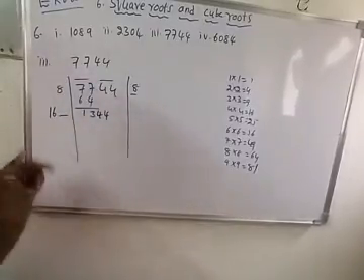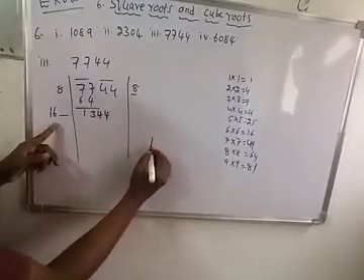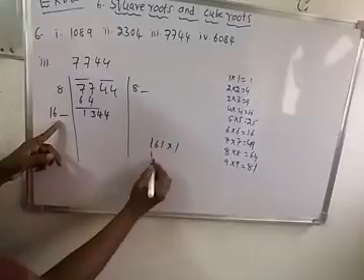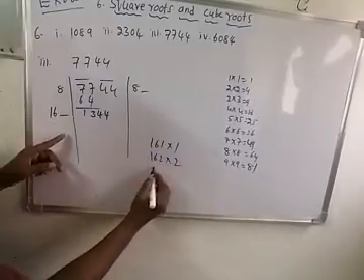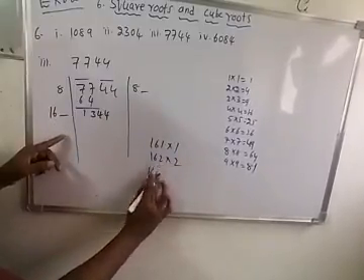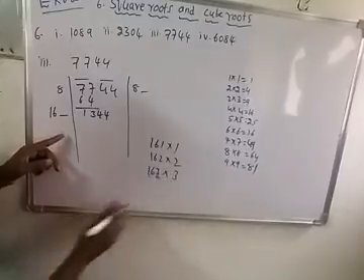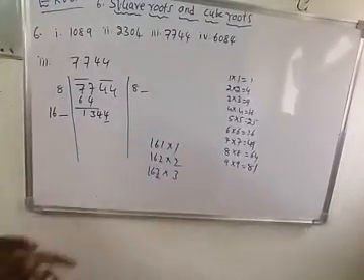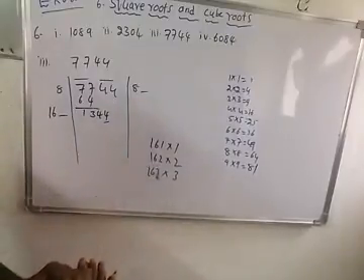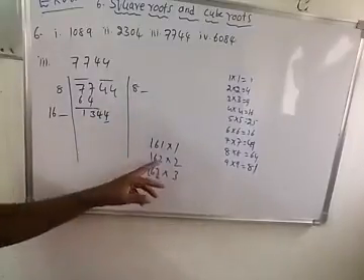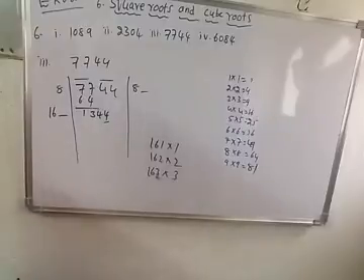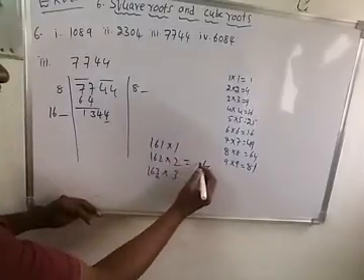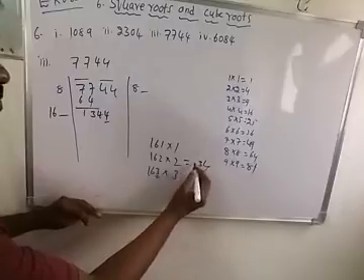Now this will go to which table: 161 1s, or 162 2s, or 163 3s? So the last unit place digit is how much? 4. So the unit place digit is 4. When will we get that, in 8 or in 2?